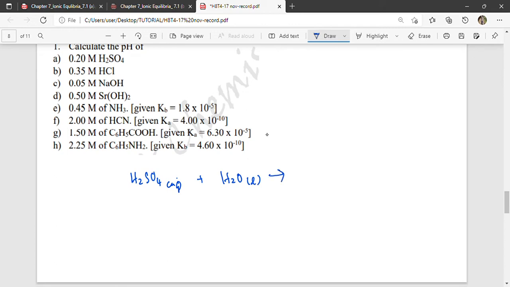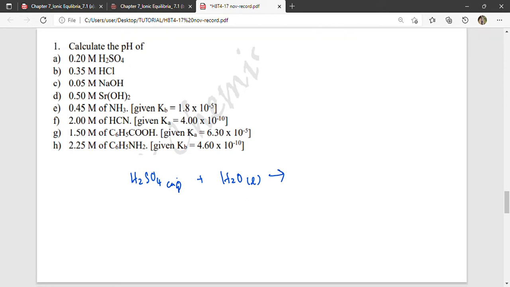So this is a strong acid, because the question didn't give you any value of Ka or Kb. Sulfuric acid, we know that it is an acid, so a strong acid. A strong acid completely dissociates to H plus ion and sulfate ion. So this one is 2H plus aqueous plus SO4 2 minus, also in aqueous.